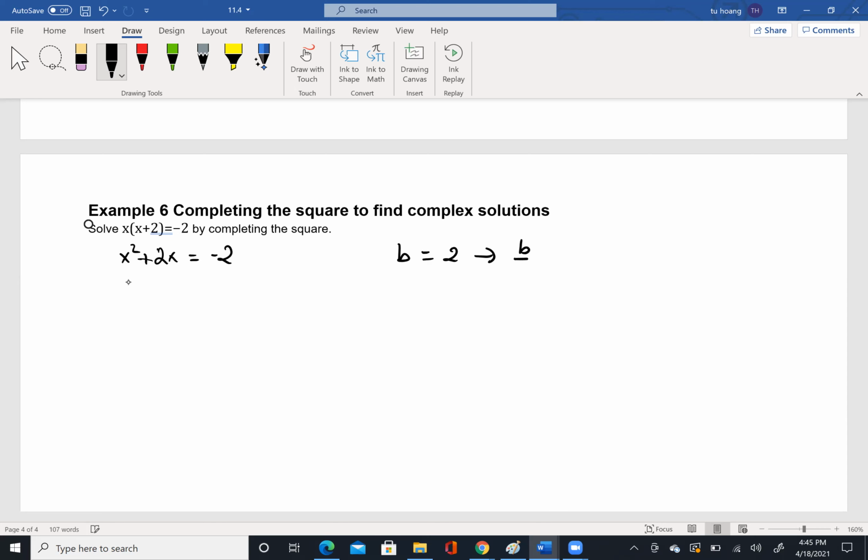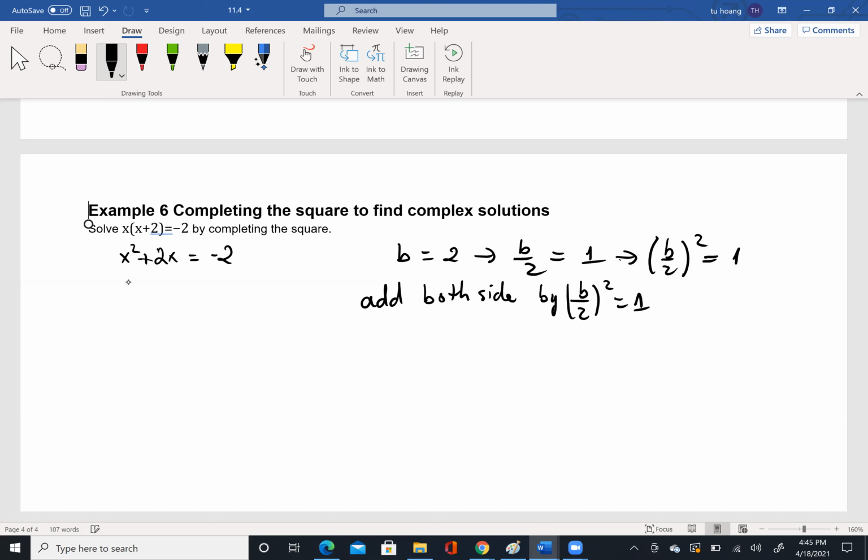So then b over 2 will be equal to 1, and b over 2 squared will be equal to 1. Right? So for the second step, I'm going to add b over 2 squared to both sides, which equals 1. So let's add to both sides.